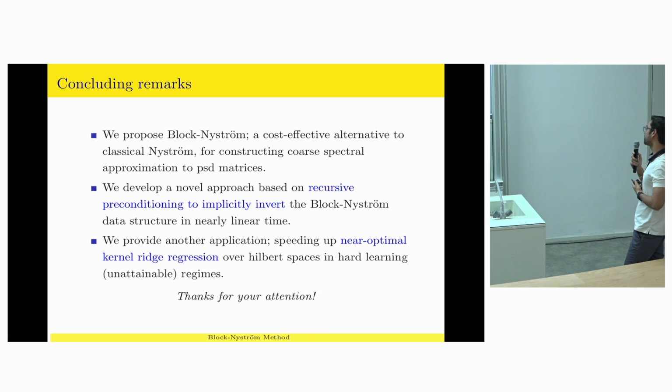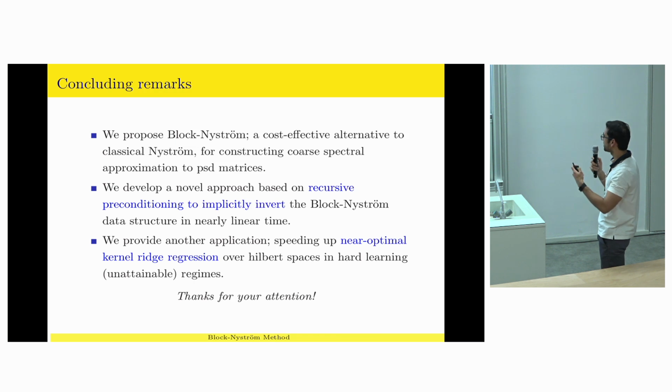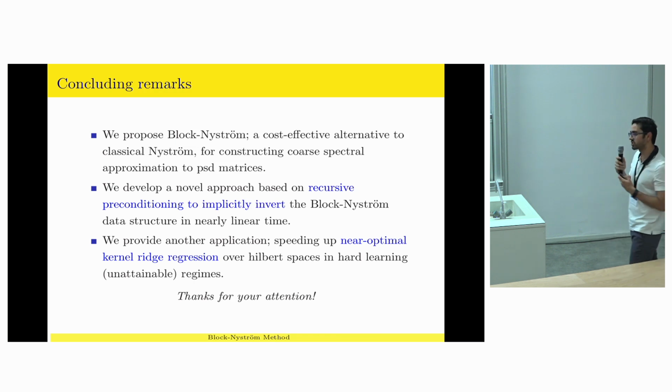Another more subtle application is that we do near optimal kernel ridge regression over Hilbert spaces. We cover these hard learning scenarios, which essentially translate to when the regression function in the reproducing kernel Hilbert space cannot be well approximated by linear functions. So that's another application where we obtain this computational gain. And I think that's my time. Thanks for your attention.